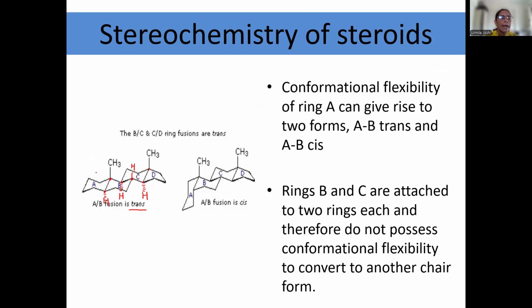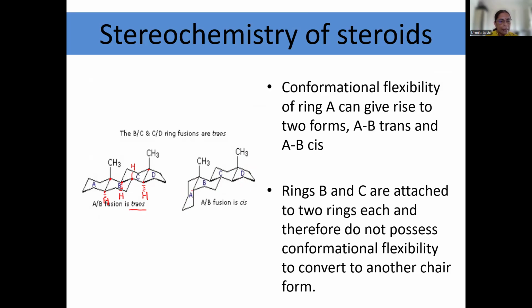Now, a ring can go from one chair conformation to the other chair conformation. Even D ring can go from one conformation to other conformation, but in steroids, the CD fusion is always trans, and so we are not going to have a look at the different geometry of the D ring.